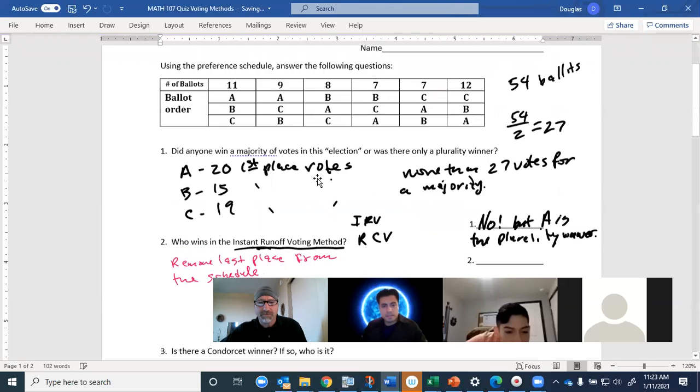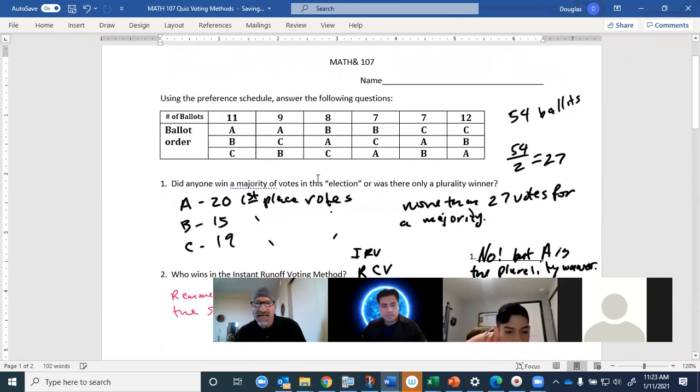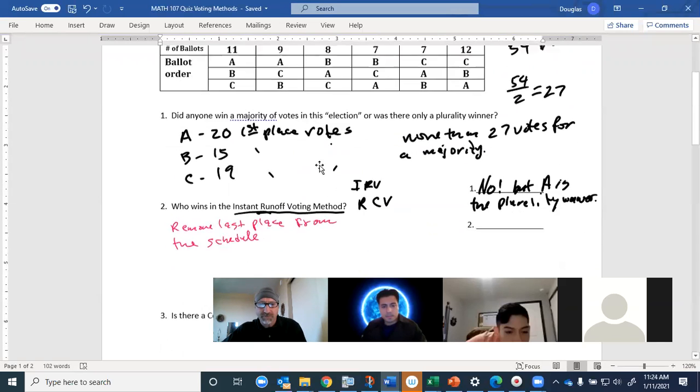So let's scroll up. And who is last place? A was first because A had 20, B had 15, and C had 19. So B is last place, right?